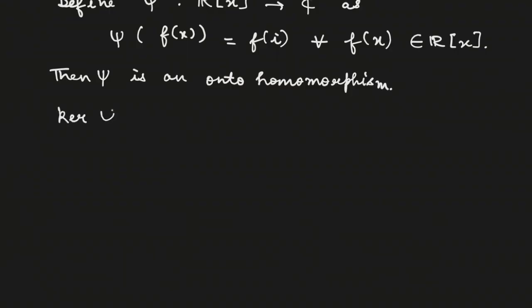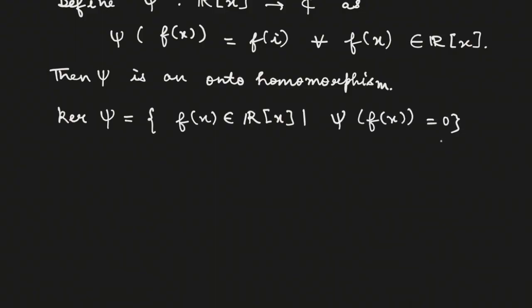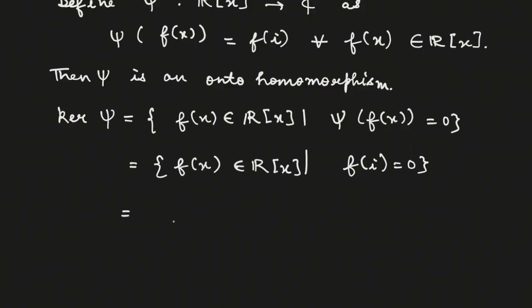Kernel of psi is equal to f(x) belonging to R[x] such that psi of f(x) is equal to 0, and psi of f(x) is f(iota). So in this kernel, this will be the ideal x square plus 1, because if I put iota in, this will be 0.